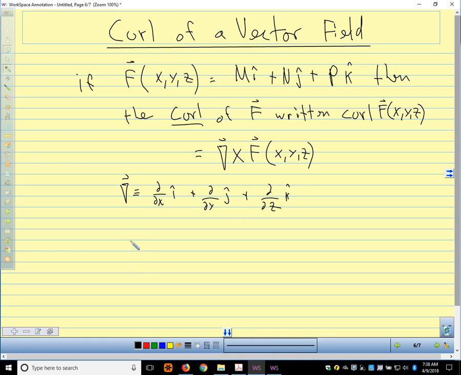So the curl, del cross f, the cross product, is going to be this determinant: i hat, j hat, k hat, partial with respect to x, partial with respect to y, partial with respect to z, M, N, P. This is how we're going to calculate the curl.